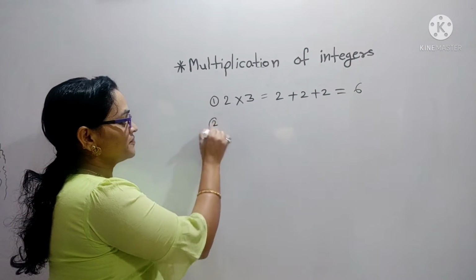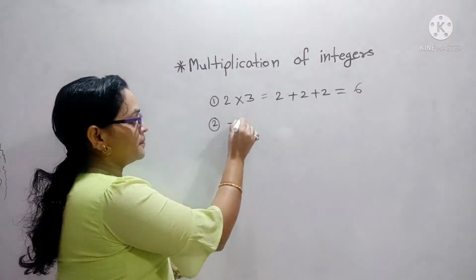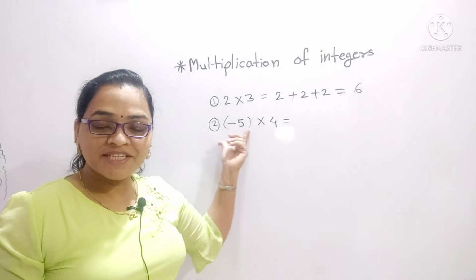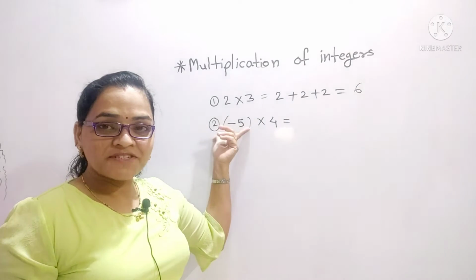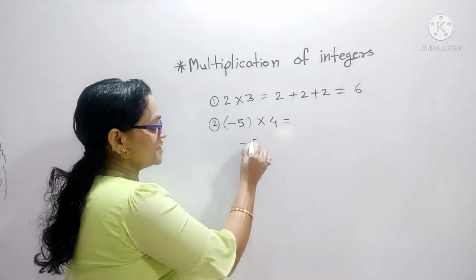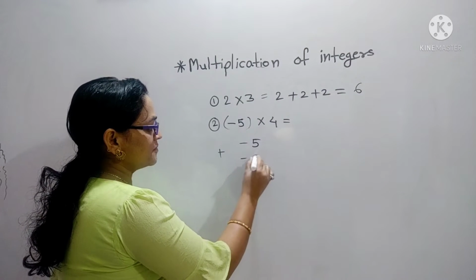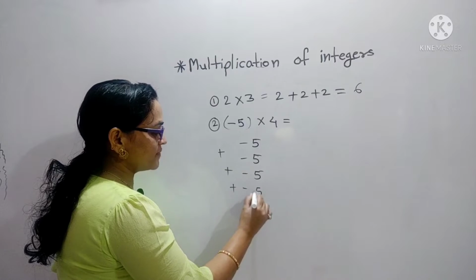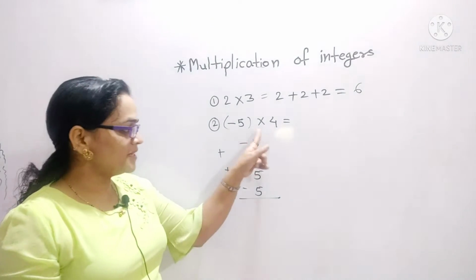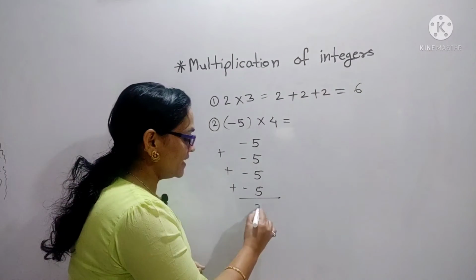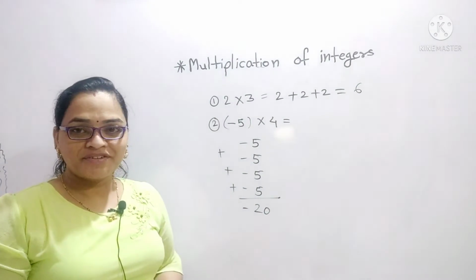Second example, see. -5 into 4. -5 into 4 means -5 has to be added 4 times. Means -5 plus -5 plus -5 plus -5 is equal to 5 plus 5, 10, 10 plus 5, 15, 15 plus 5, 20, minus 20.